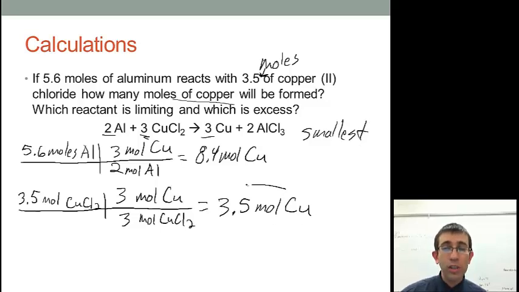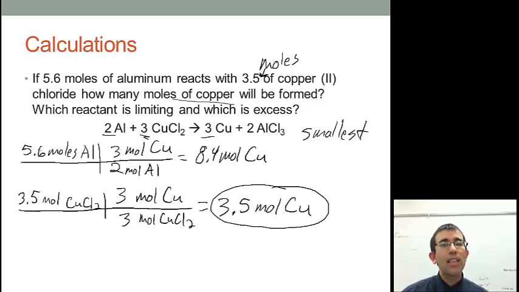Alright, which in this case would be 3.5 moles of copper. This is how much copper will be made. So based on the amount of copper chloride we started with, we can make 3.5 moles of copper. Based on the aluminum, we could make 8.4 moles of copper.